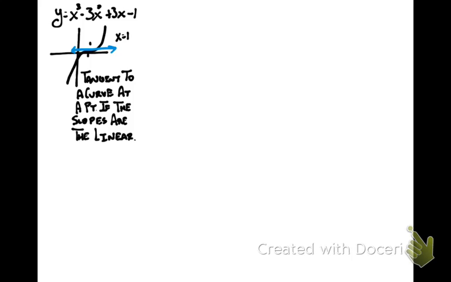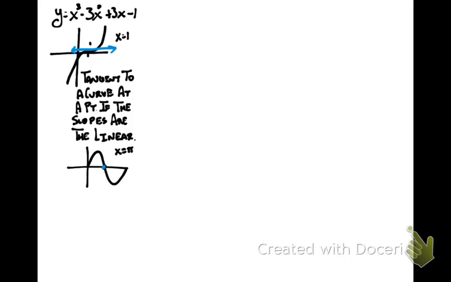Let's consider one more thing. We'll skip down to y equals the sine of x. Y equals the sine of x is a curve that looks something like this. And the question is, what's happening at x equals pi? So that would be this point here.